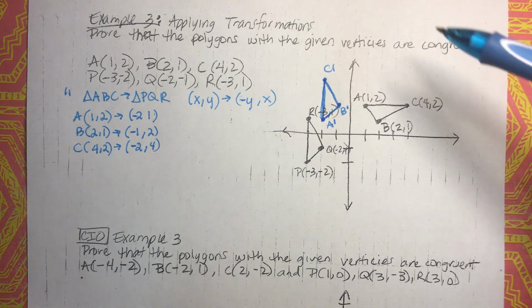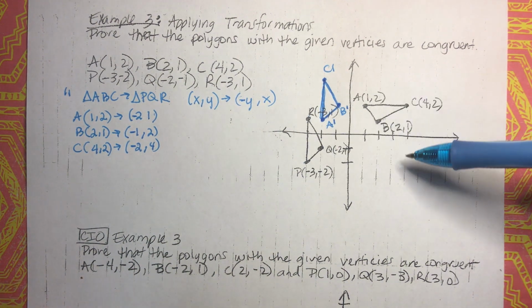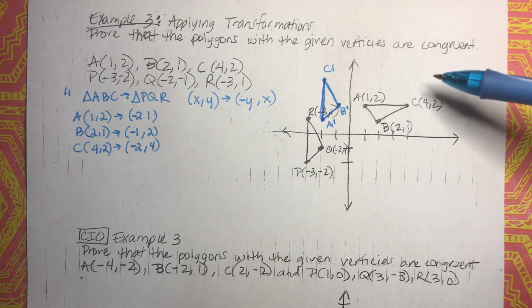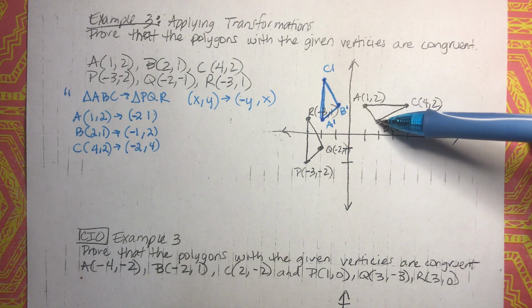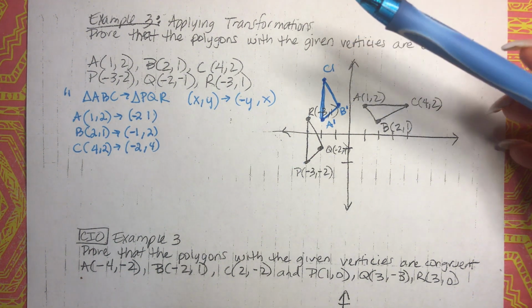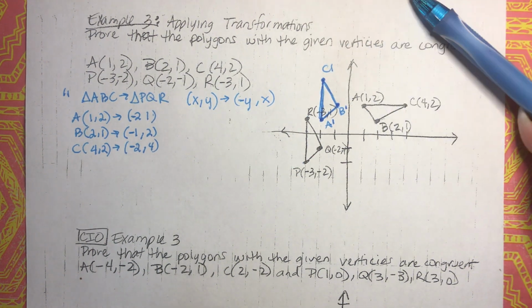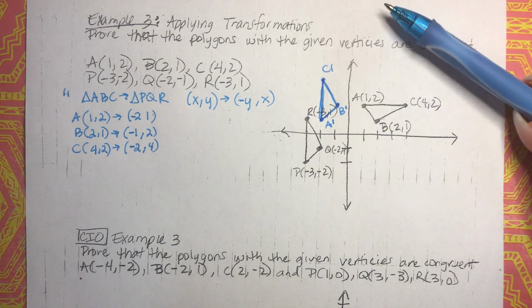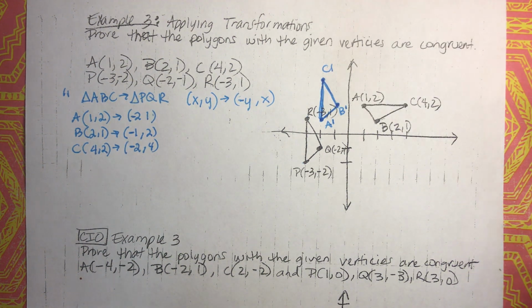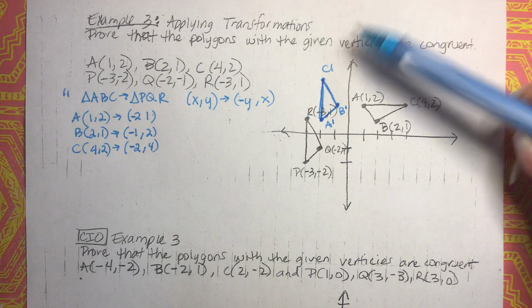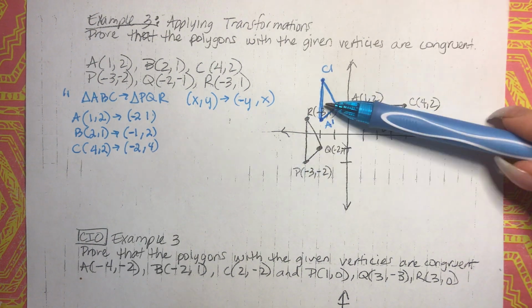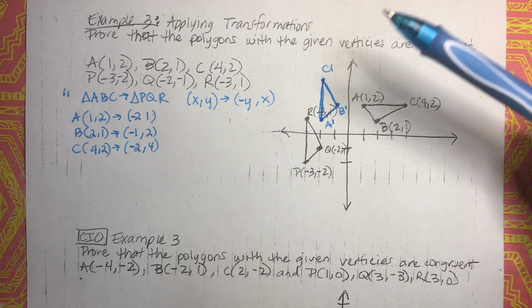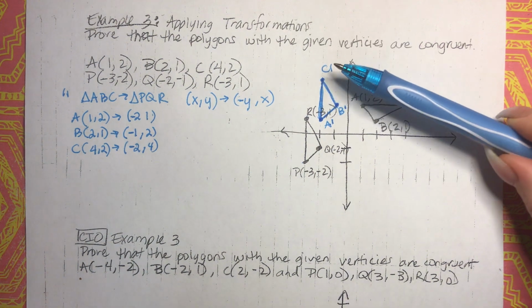So what this means is that when you're trying to tell whether figures are congruent or not, we said, okay, if it is an isometry, which is a translation, reflection, or rotation, right? But it can also be congruent if it's any combination of those. So if a figure is reflected, it's still congruent.